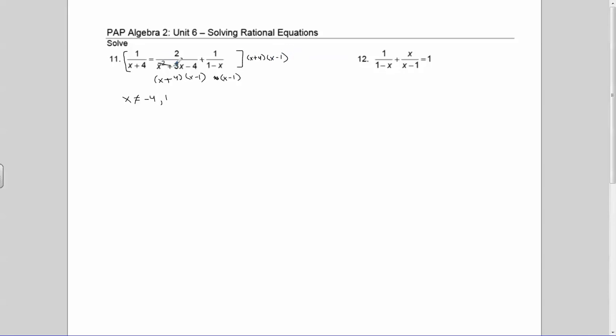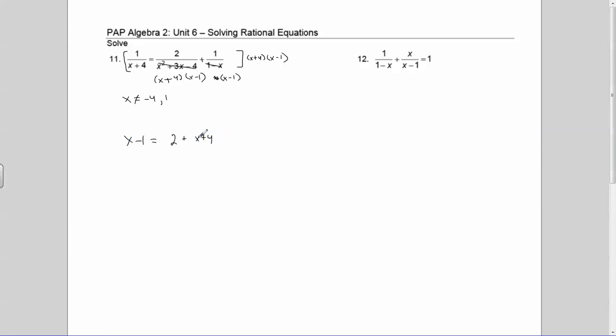So if we work through this, our first fraction, the x plus 4 divides out, and we're left with x minus 1 equals this second fraction. Both of those terms in the denominator will divide out, so we have 2, plus our x minus 1's will divide out, and we have x plus 4.